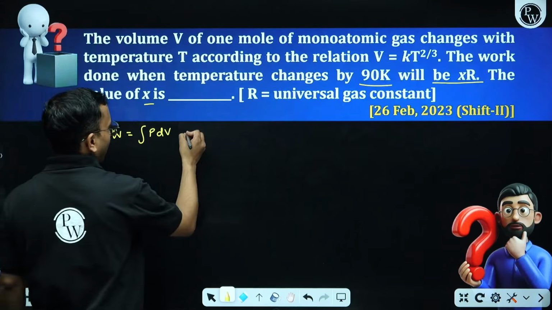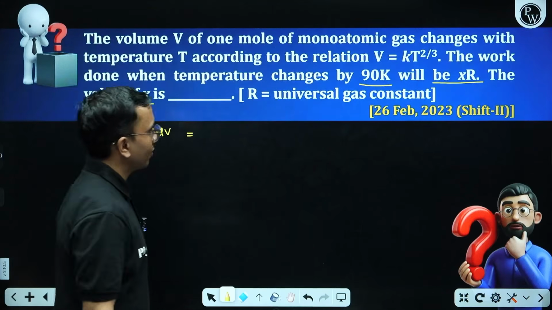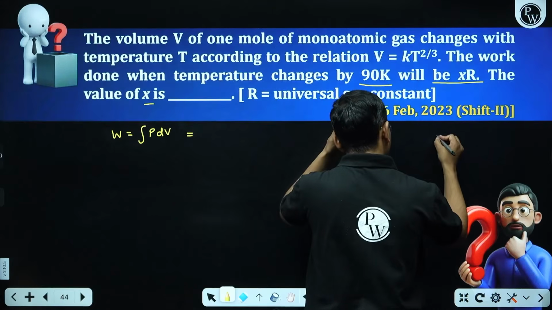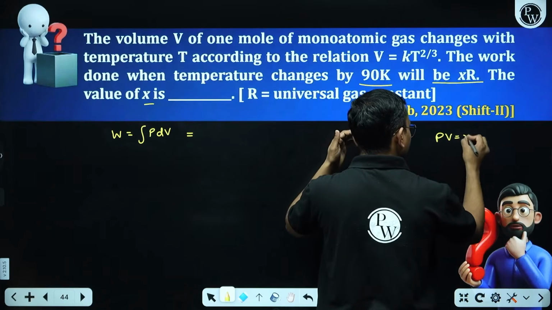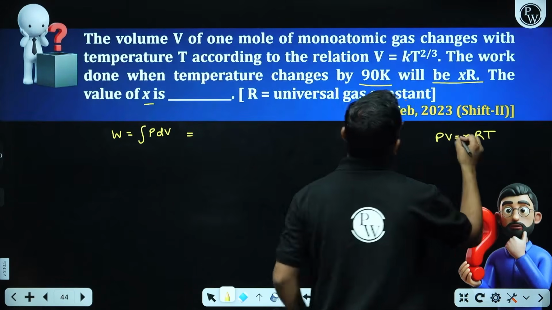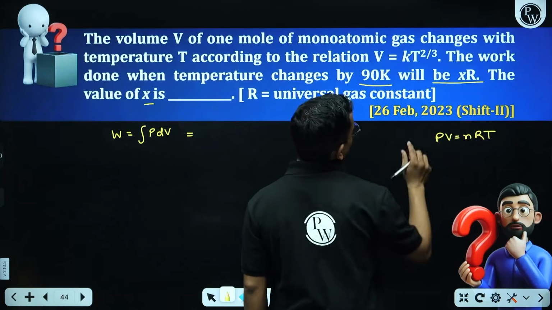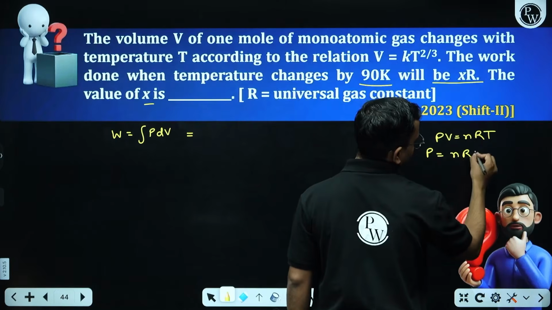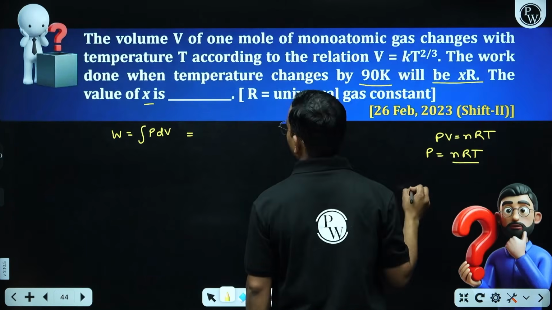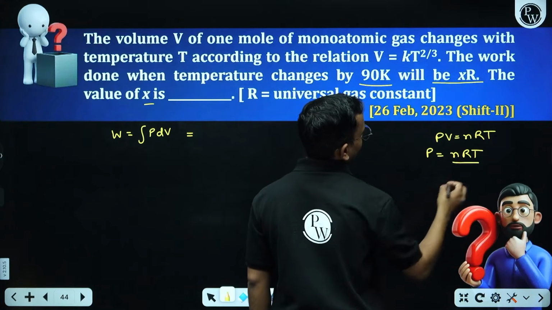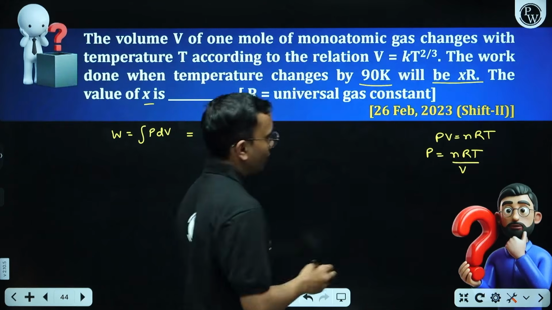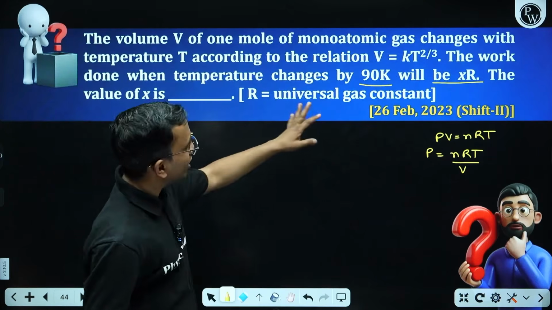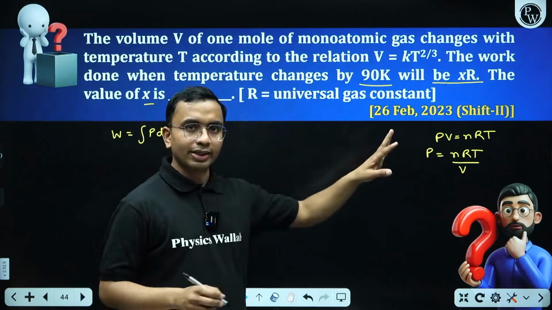Now, what is P? We know that PV is equal to nRT. V is given to us. So I can write P as nRT by V. But here change in temperature is given, so everything will be taken in terms of temperature.